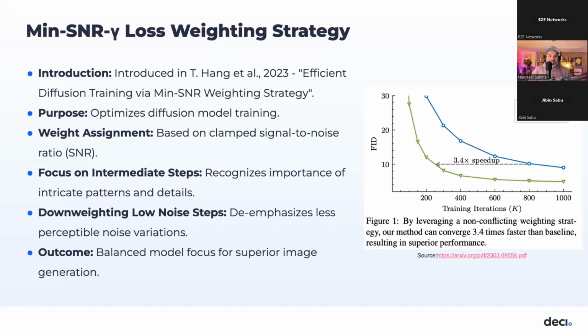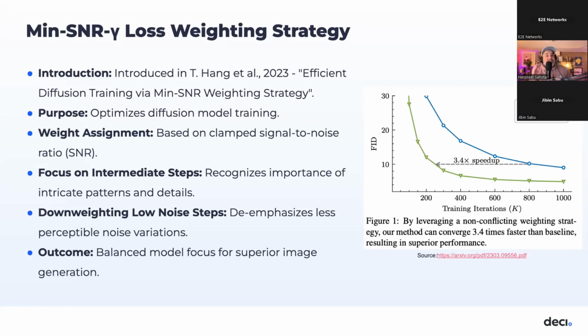And so this Min SNR gamma loss weighting strategy is just designed to optimize the training of the diffusion model. So it's assigning weights to each time step based on that time step's difficulty. And then it uses a clamped signal to noise ratio as the determining factor for those weights.